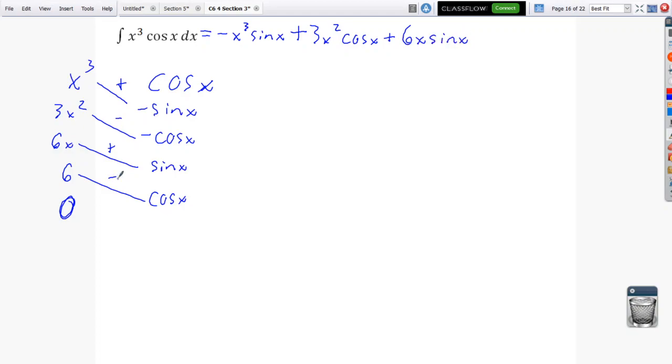And finally, minus 6 cosine of x. And who's going to remind me what I am missing? Always, since we're doing indefinite integrals, we want to have a plus c.